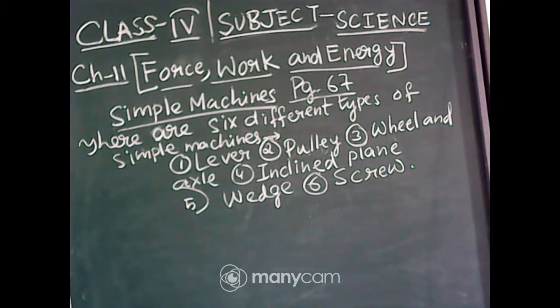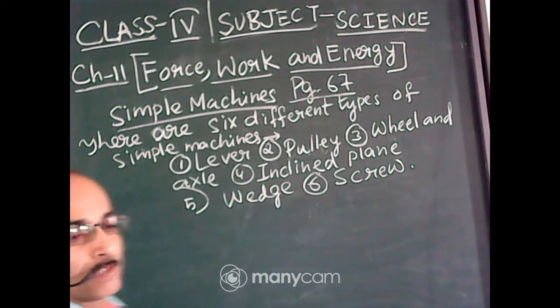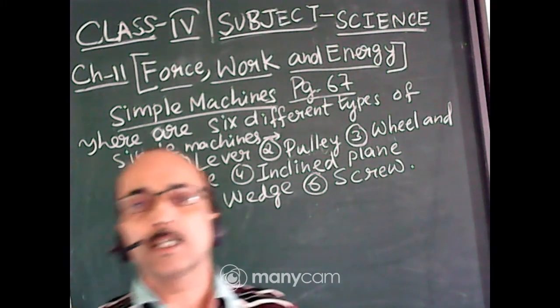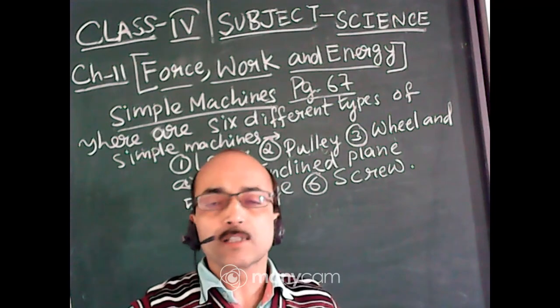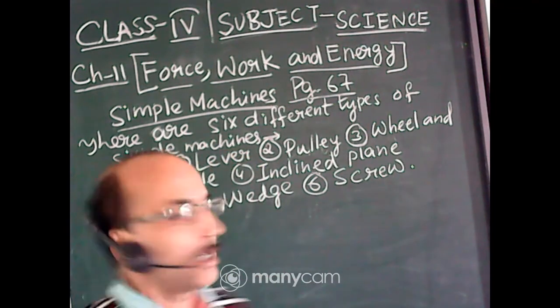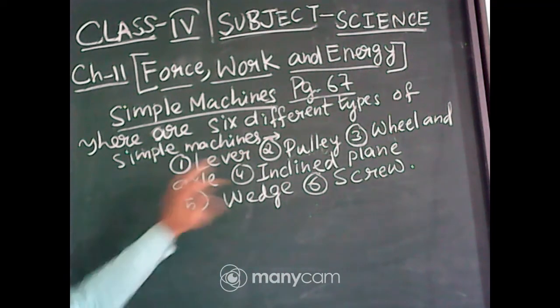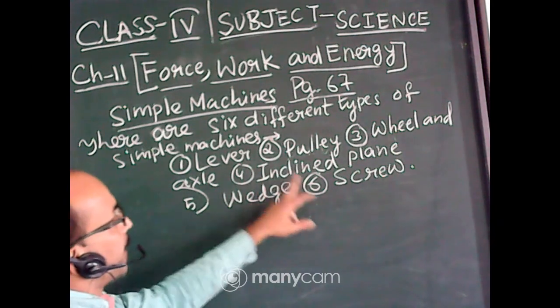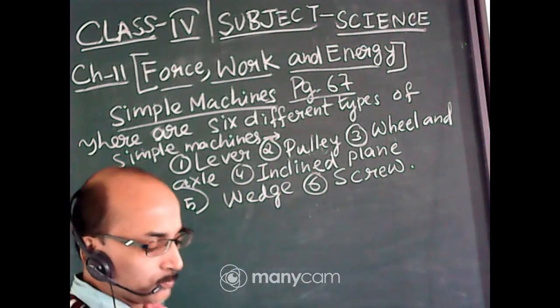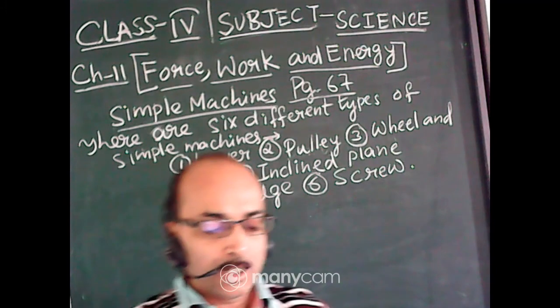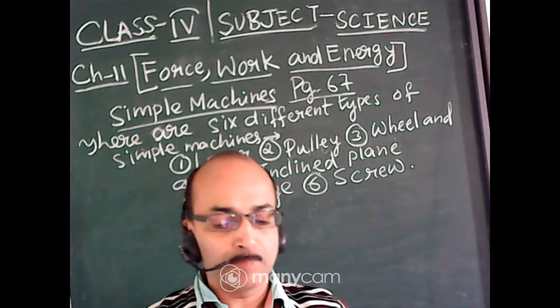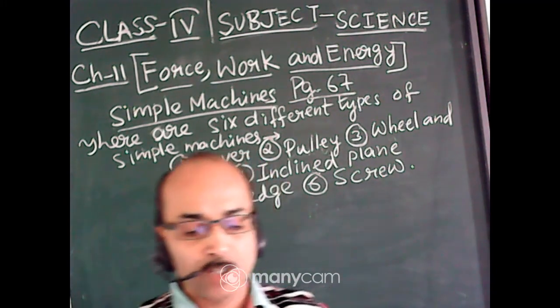Okay, so what we learned in the previous class is that simple machines are the devices that make our work easier and faster. There are 6 different types: lever, pulley, wheel and axle, inclined plane, wedge and screw. Lever is a simple machine to cut things, to lift weight, open lids.